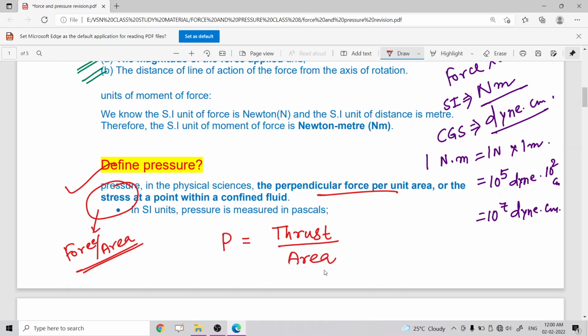And what is the SI unit of pressure? Simply, thrust means force, so Newton per meter square. This is called Pascal.